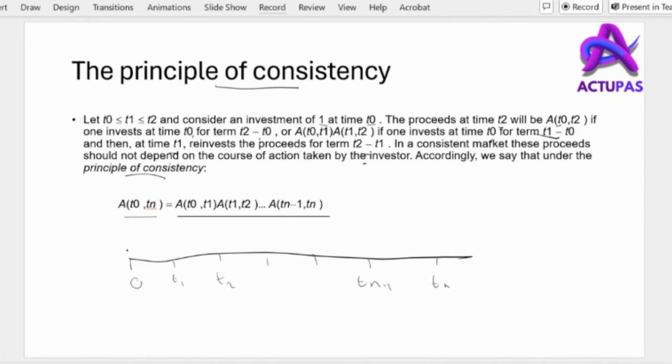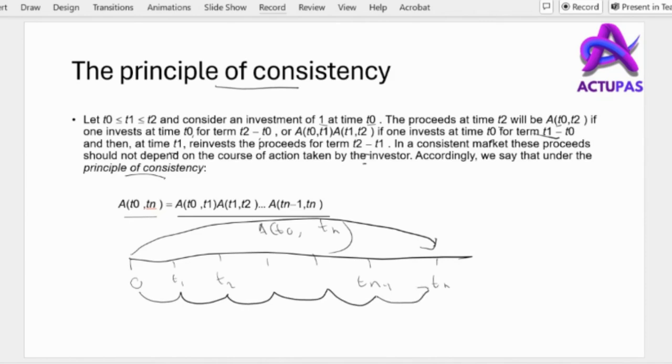What we are saying is this: A(t0 to tn) is equal to, if you move step by step, where here we have A(t0 to t1), here it's A(t1 to t2), up to A(tn-1 to tn).